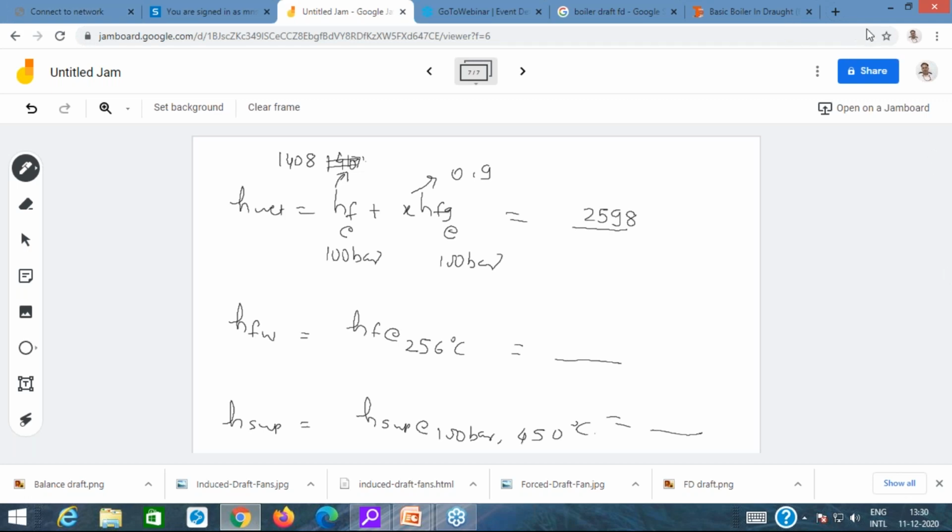Saurabh, whether Saurabh has got it right? HF at 100 bar, not 100 degrees centigrade. So it appears to be 1408. And what is HFG then at 100 bar?